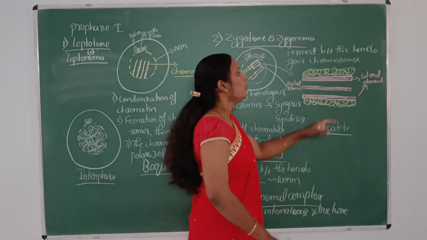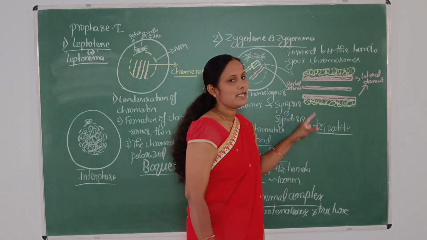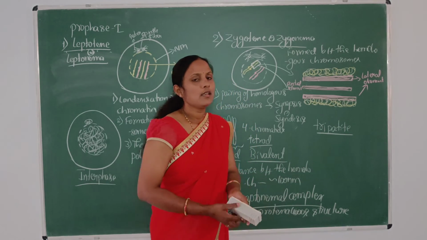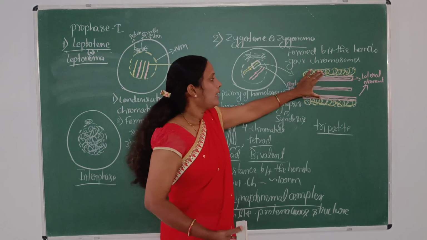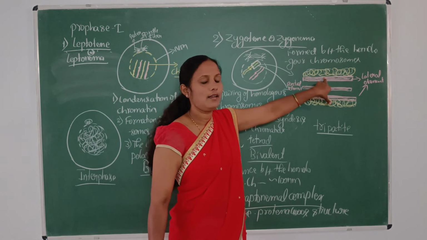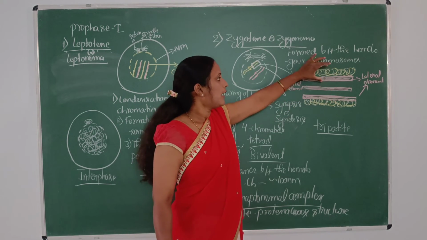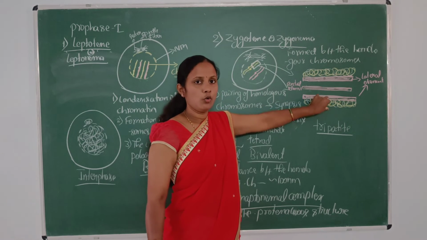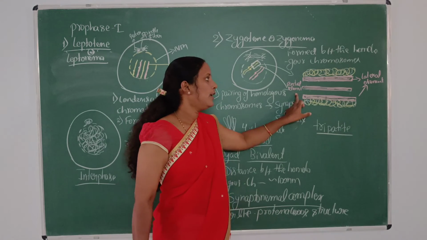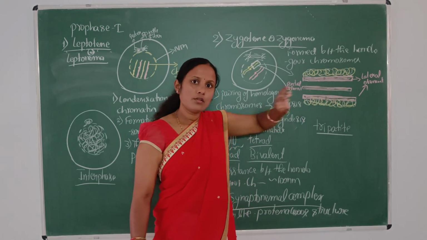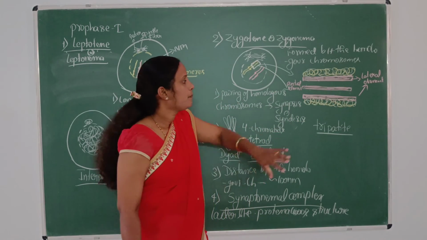Tripartite refers to two lateral elements and one central element. They are not different structures, they are proteins. The lateral elements are arranged in attachment with the two homologous chromosomes, and at the center there is a central element which is arranged. So it is to give stability.